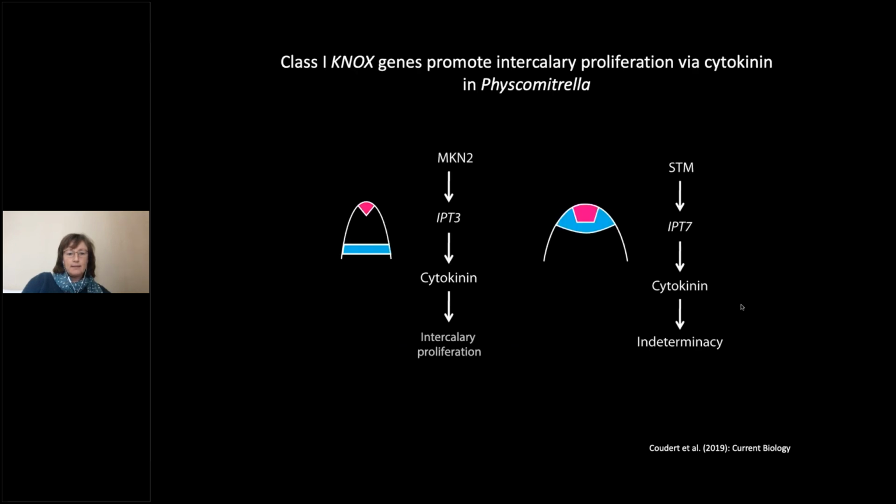Next slide, please. So I've shown you that MKN2 promotes IPT3 expression and cytokinin biosynthesis in Physcomitrium, and this promotes intercalary proliferation in the blue region of the sporophyte axis, shown on the left-hand side of the slide.